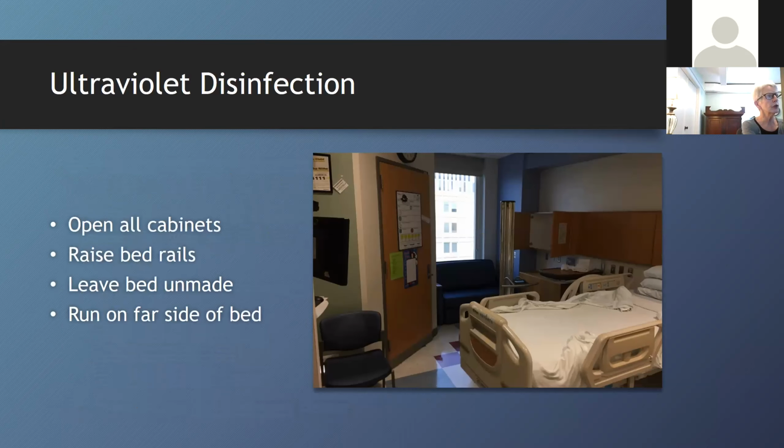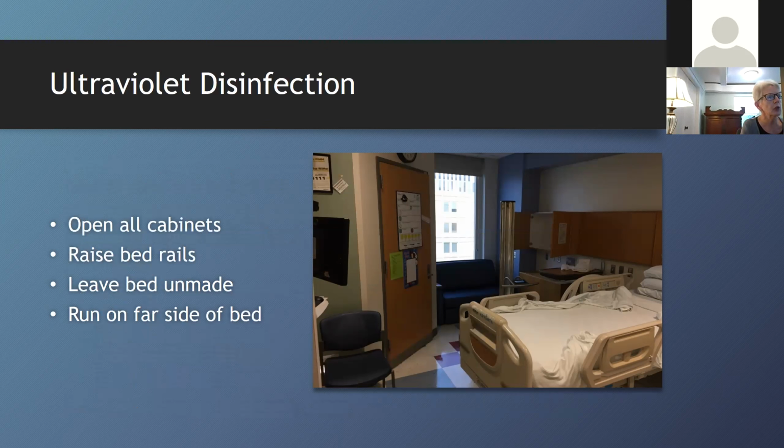If you're using your UV equipment, and Jason is demonstrating, they do have these units at UNC, and you can see the unit in the picture here, in the bedroom. You do need to open all the cabinets. It does need to touch the surface.